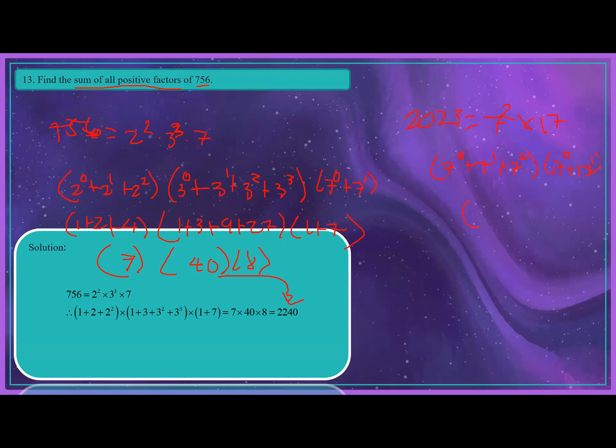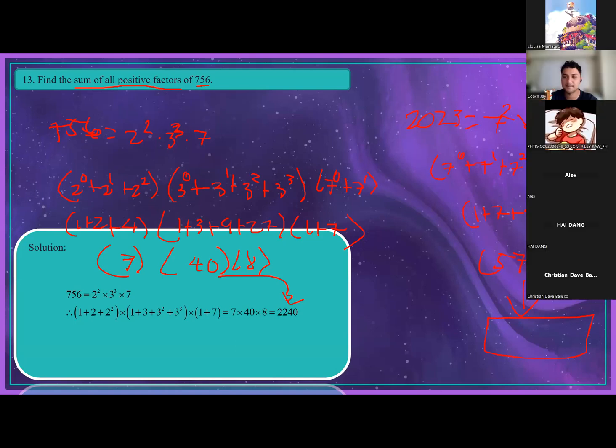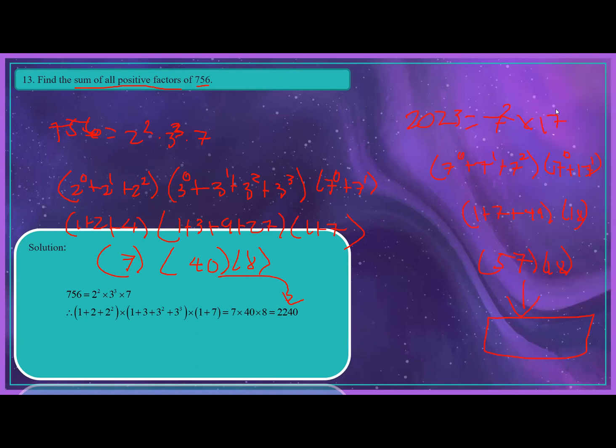So this is 1 plus 7 plus 49 times 18, which is 57 times 18. I'd like you to solve for this, that's your task now. That's how we solve this kind of problem. Any questions? None? Okay, let's proceed.